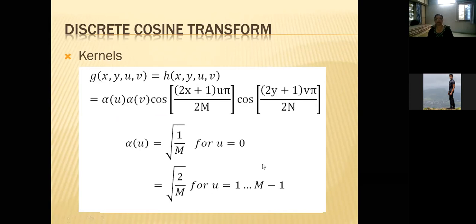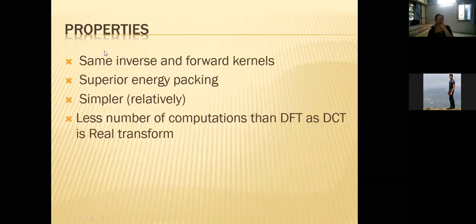So these are some important properties of DCT. It has the same inverse and forward transformation kernel, and since it is a real transform, it is simpler than DFT.